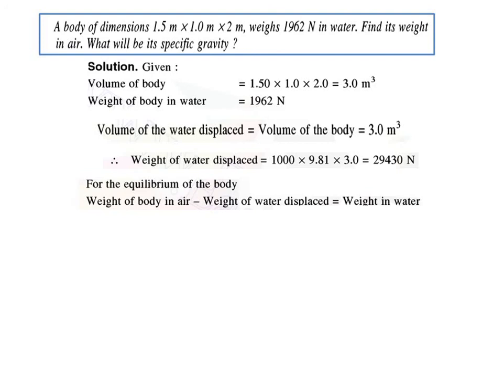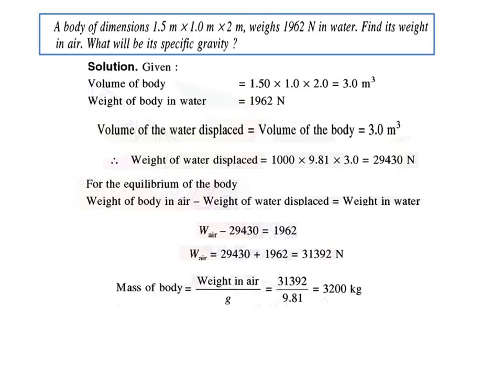So the weight of the body in air is 31,392 Newton. Now mass is weight divided by g, so 31,392 divided by 9.81, which is 3,200 kg.